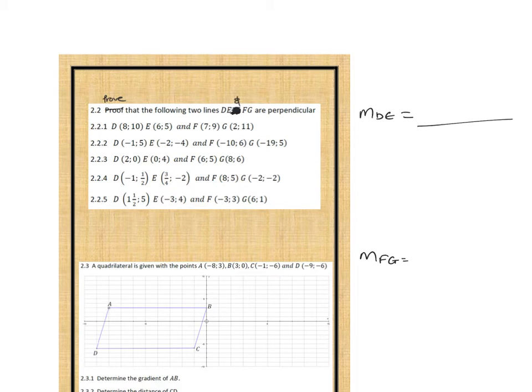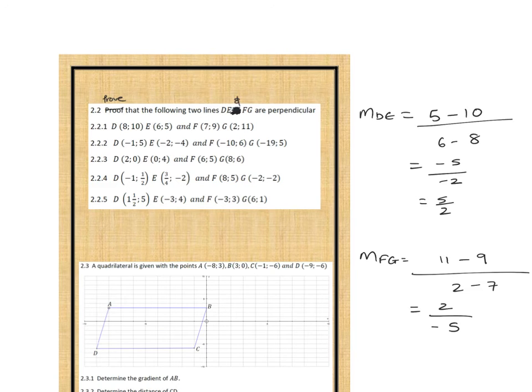The gradient of DE is going to be 5 minus 10 over 6 minus 8, which is -5 over -2, which is 5 over 2. And then FG, 11 minus 9 over 2 minus 7, is going to be 2 over -5.